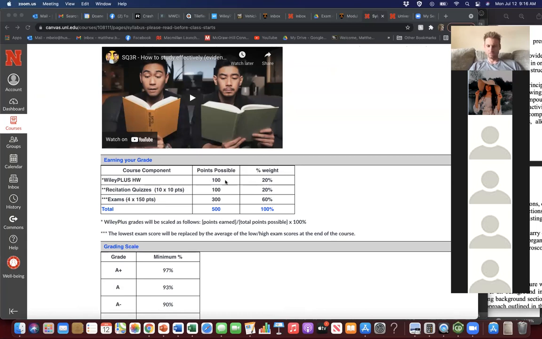The Wiley Plus homework won't let me break them into 25 points because there's more questions than that. So your Wiley Plus will be worth 20% of your grade, even though it'll be more than 100 points. So Wiley Plus will be 20%, recitation quizzes will be 20%, exams will be 60%, but this points possible section won't actually add up to 500.